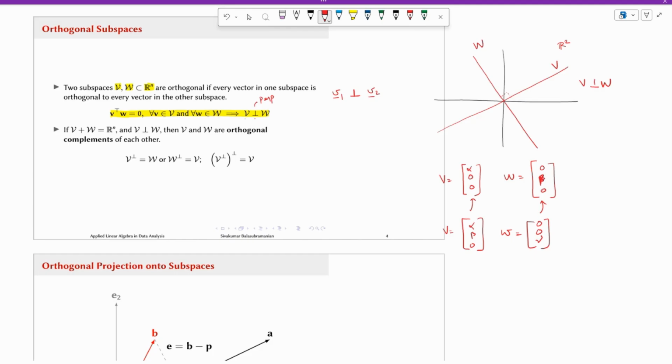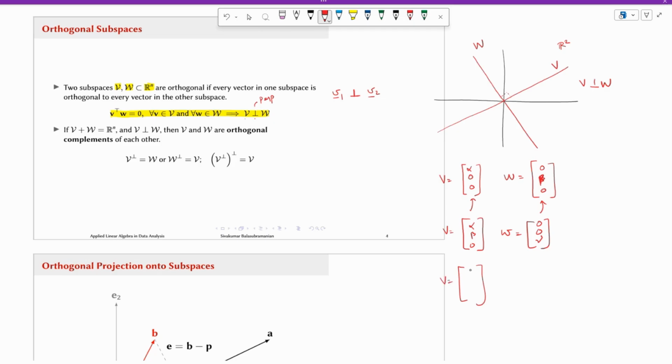Okay. Let's look at a third example. Let's say we have the XY plane and the YZ plane. Two-dimensional subspaces from R3. Are they orthogonal to each other? Okay, correct. They're not. Why? Give me an example. If you're saying no, you'll have to give me an example. So yeah, good. Let's write it down.